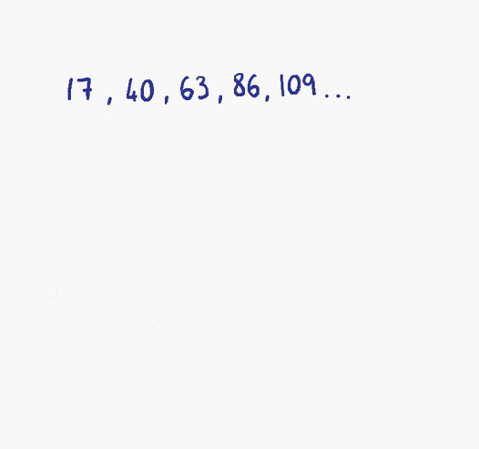This is example number 2, our last example. This time we have another list of terms: 17, 40, 63, 86 and 109. This time we want to know, for example, could we easily find the 100th term in this list? So in this example, again, we are going to make a formula.